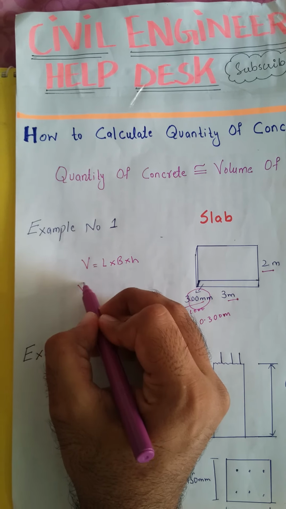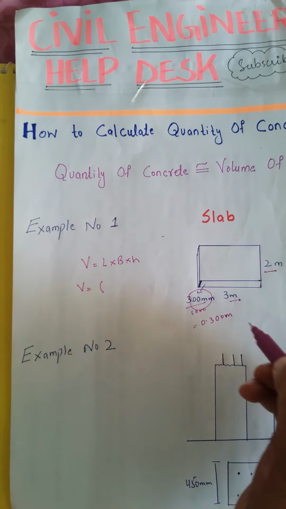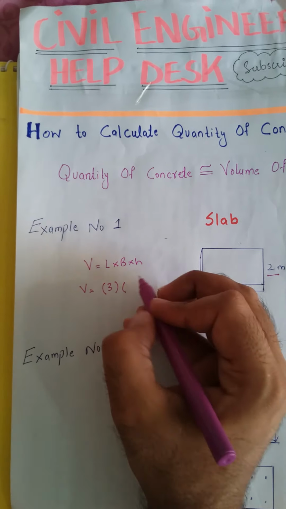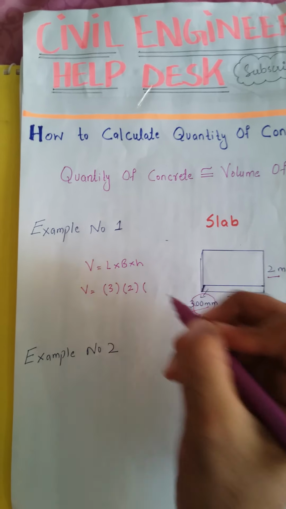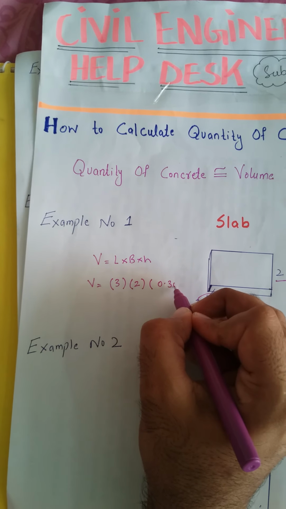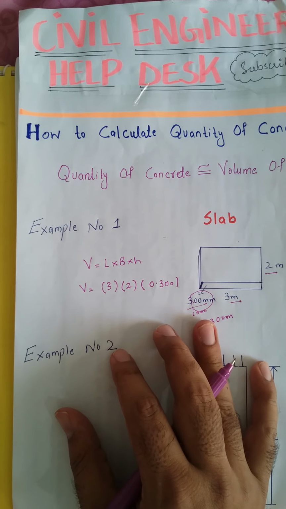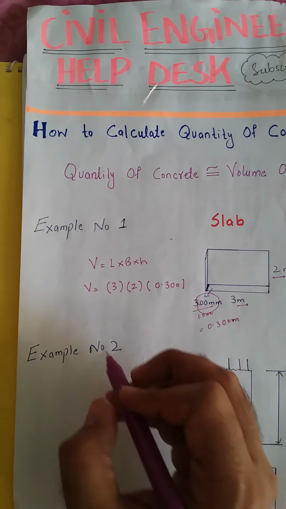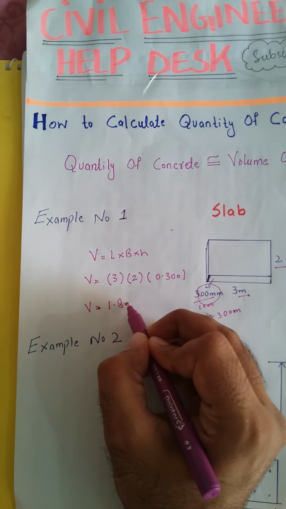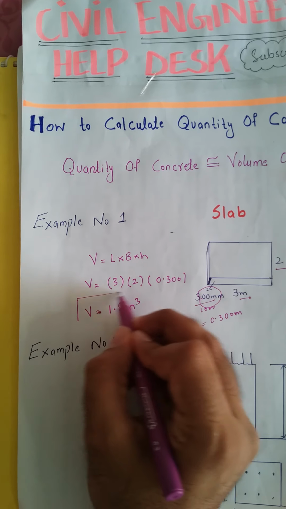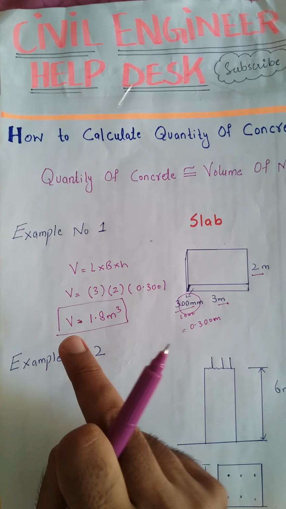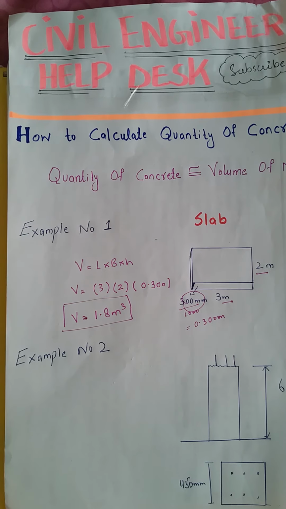So we put the three values here: length is equal to 3 meter, breadth is equal to 2 meter, and height is equal to 0.300. After multiplying these three values, the result will come 1.8 cubic meter. So it means the concrete required for this slab is 1.8 cubic meter.